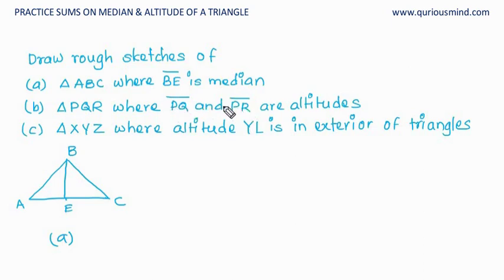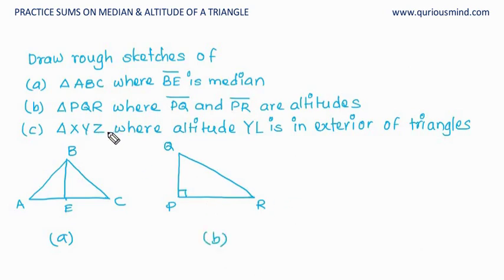So the common vertex is P. So it is a right angle triangle, right angled at vertex P. Here, PQ and PR are the altitudes of triangle PQR.